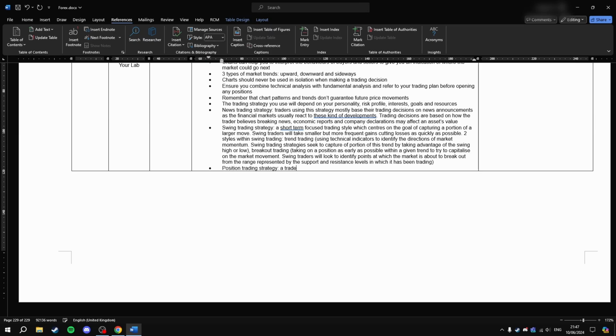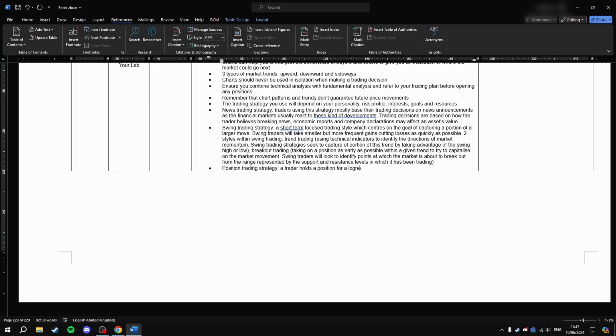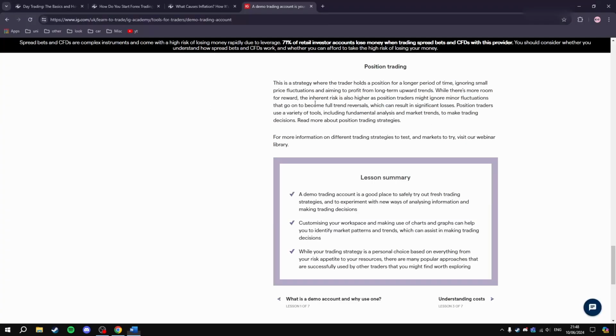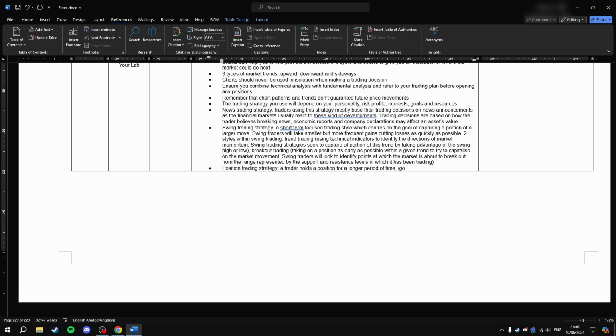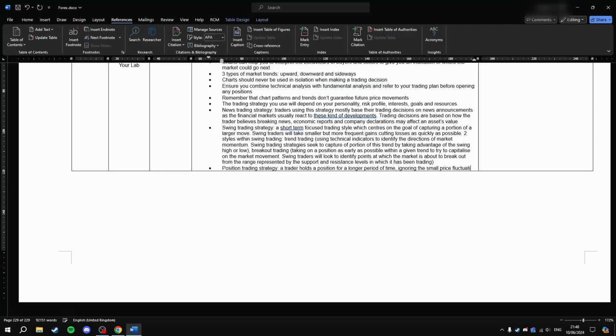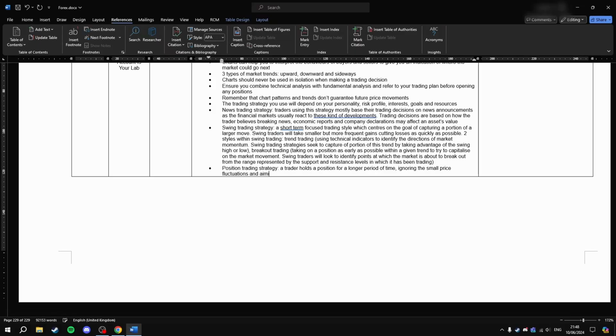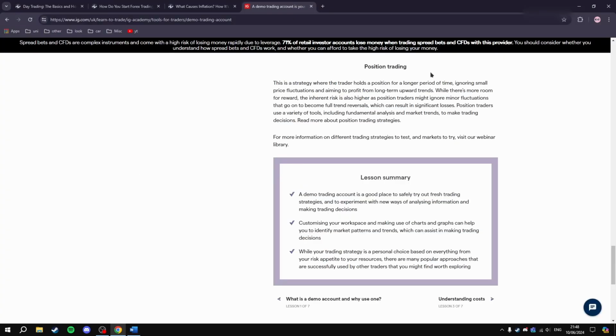So a trader holds a position for a longer period of time, ignoring the small price fluctuations and aiming to profit from the long-term trend. Doesn't always have to be upward. I think you can sell for long-term as well, right?